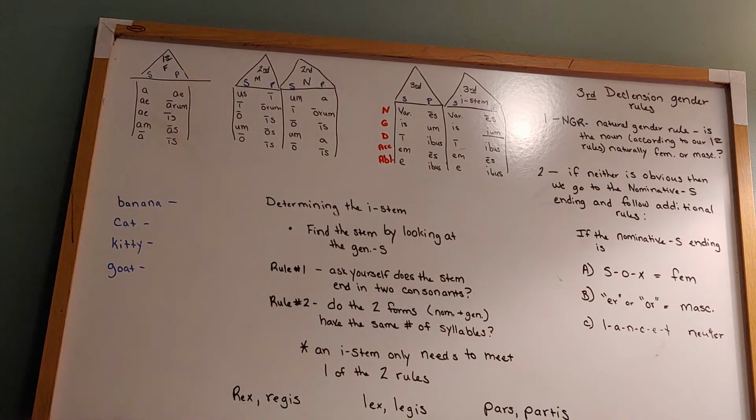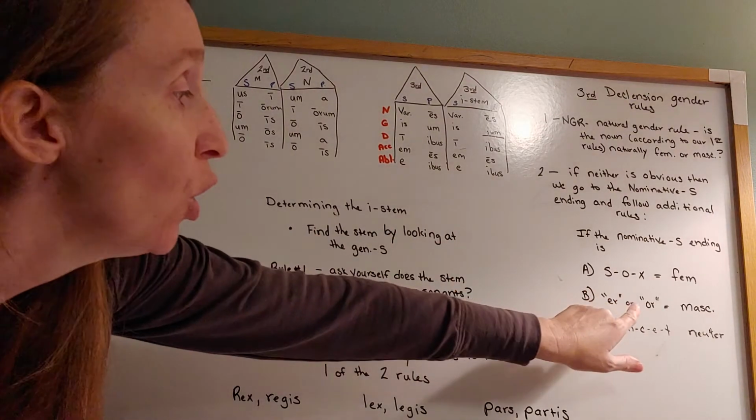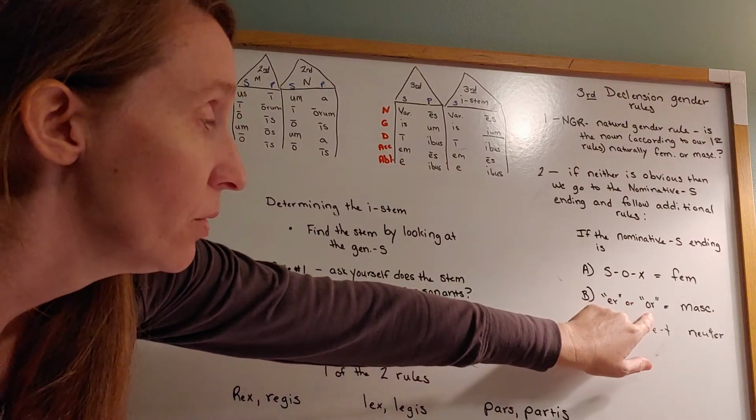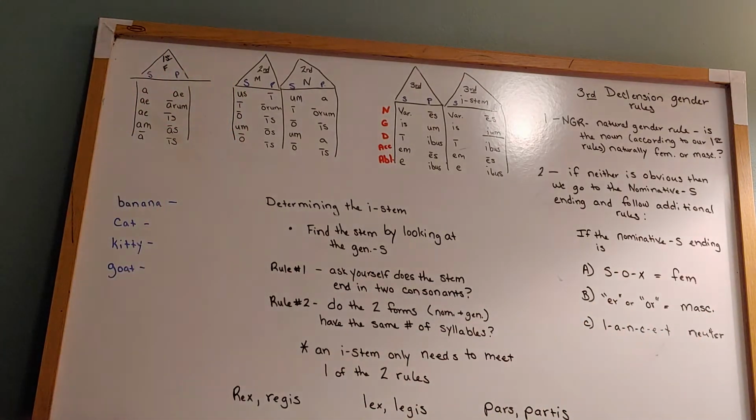If our nominative singular Latin noun ends in ER or OR, then it will be masculine. And they also use the word error, just ER, OR, to help remember what ending would make a noun masculine.